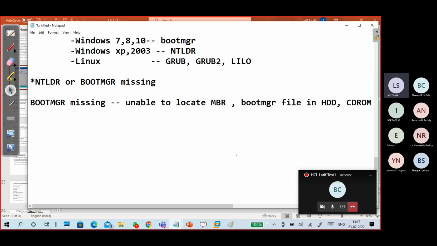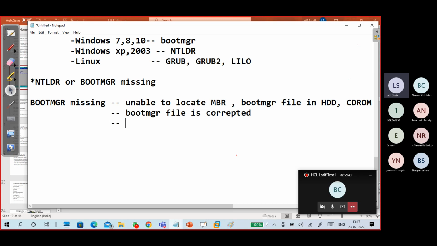Unable to locate because of boot MGR missing means the boot MGR file is corrupted. Corrupted, it is damaged.